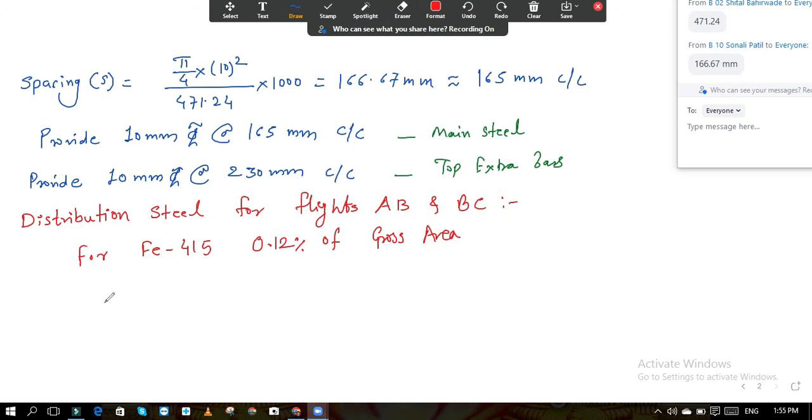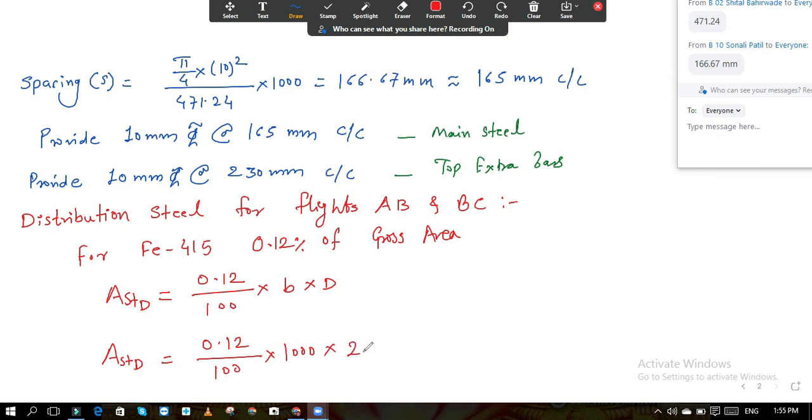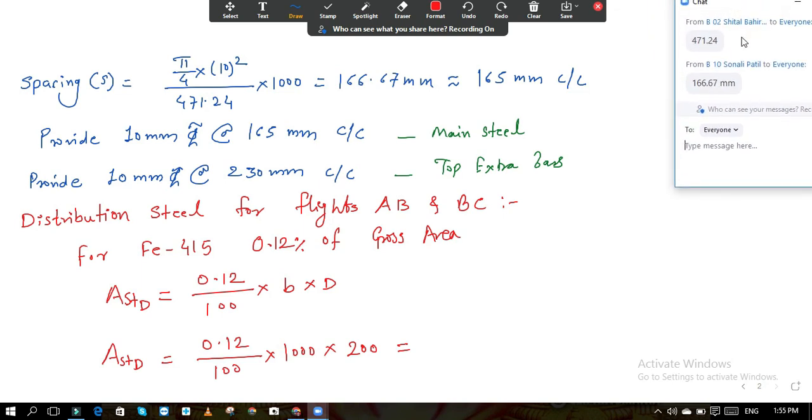Okay, so AST distribution is equal to 0.12%, so 0.12 divided by 100 multiplied by B into D. Therefore ASTD is equal to 0.12 by 100 into B is 1000 into D is 200. It is 240. This is 240 mm square.